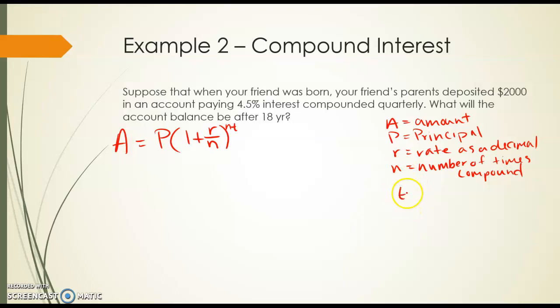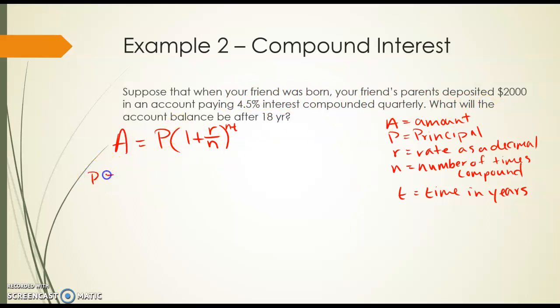All right, and then T is our time in years. And that in years is important. So, in this case, suppose that when your friend was born, your friend's parents deposited $2,000.